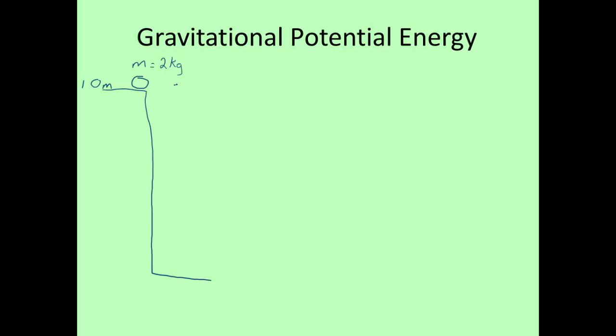At this point, at the top, the gravitational potential energy would be mgy, which is 2 times 9.8 times 10, which is 196 joules.